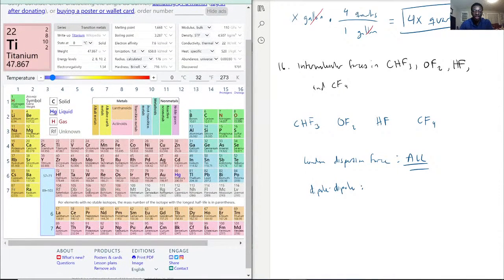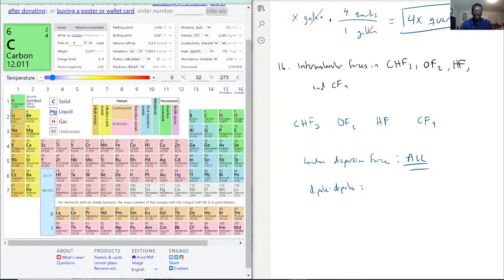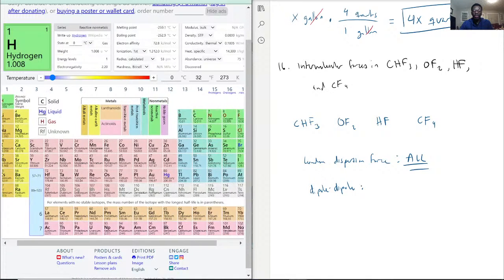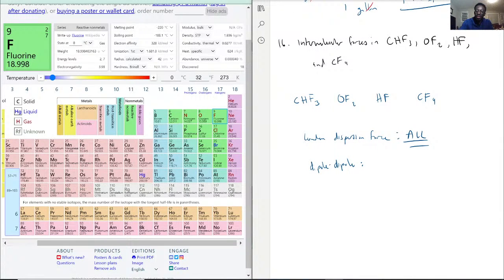So CHF3, well, carbon's bonding with the hydrogen, yes, but it's also bonding with the fluorines. So carbon and fluorine, okay? Because CHF3 looks like this. That's how it's going to bond.